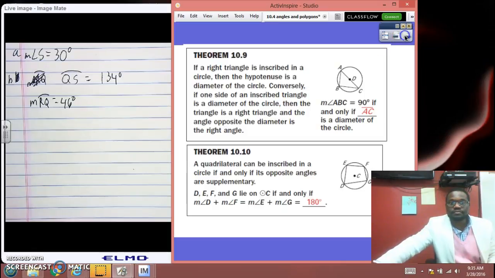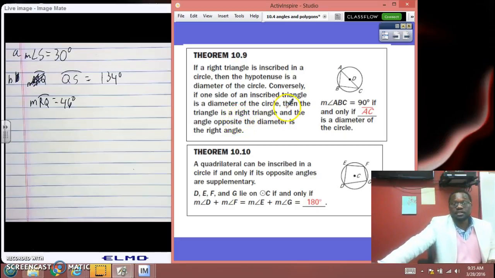Alright? Now, here's our next theorem. If a right triangle is inscribed in a circle, then the hypotenuse is the diameter of the circle. Conversely, if one side of the inscribed triangle is the diameter of the circle, then the triangle is a right triangle, and the angle opposite the diameter is the right angle.